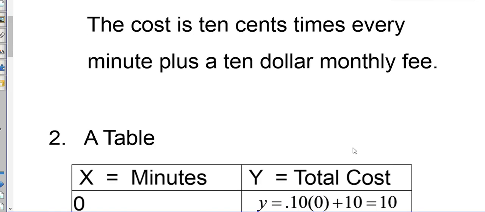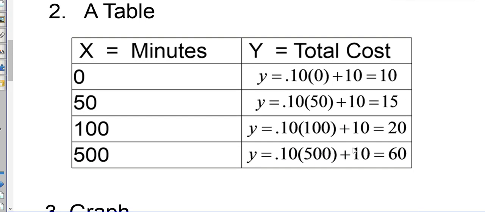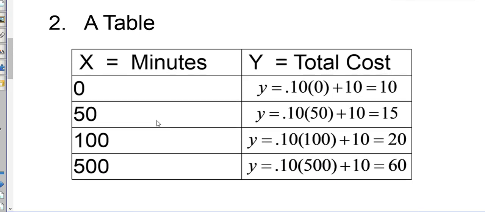The second way is with a table. So here I picked my x, or independent variable, numbers. I'm going to plug them into my verbal description and figure out the total cost. So if you use 0 minutes, I take 10 cents times 0, plus $10 equals $10.